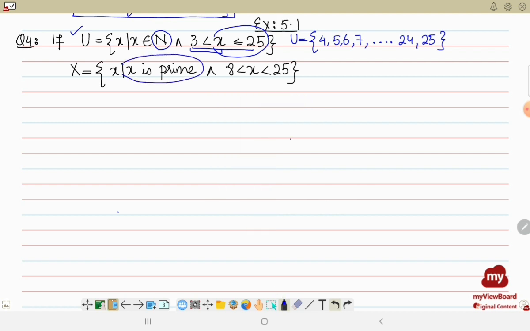Prime numbers are numbers which are divisible only by 1 and themselves. So X is equal to, what is the restriction? 8 is less than x means x is greater than 8. So which elements will come? The prime numbers will come: 11, 13 and then you have 17, 19 and then you have 23. So we cannot go beyond 25, right? This is the restriction. So this is set X.